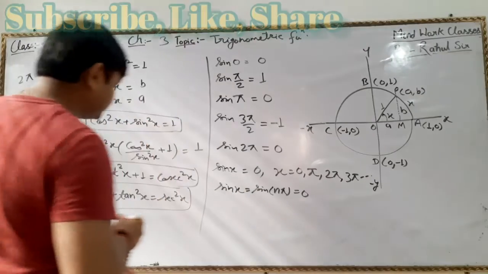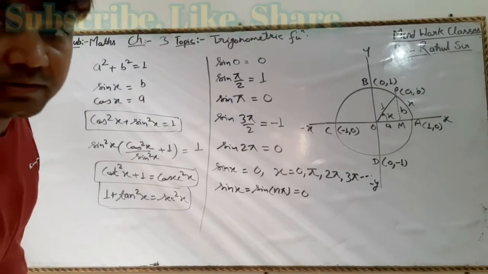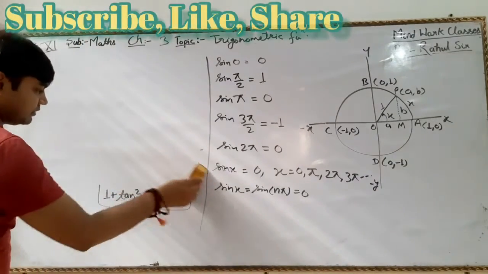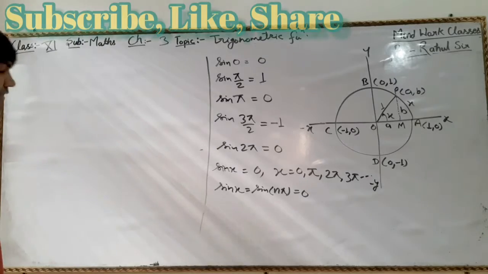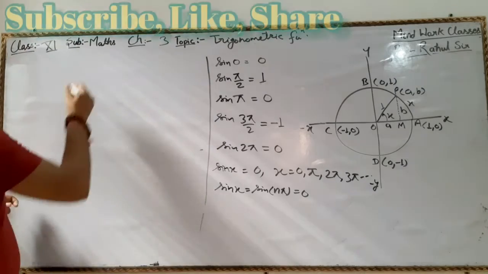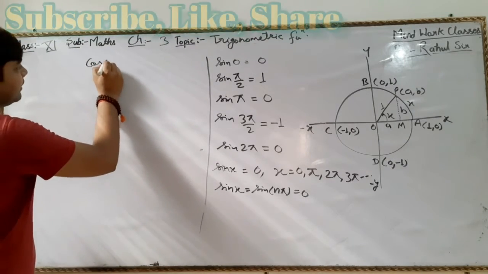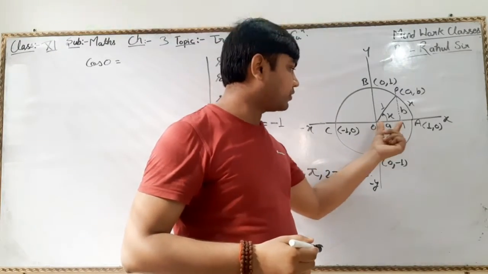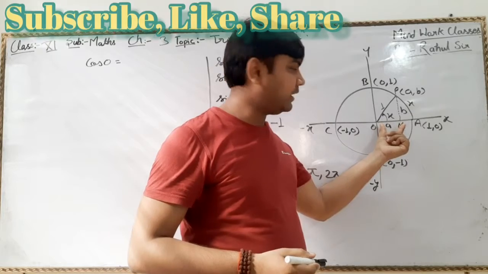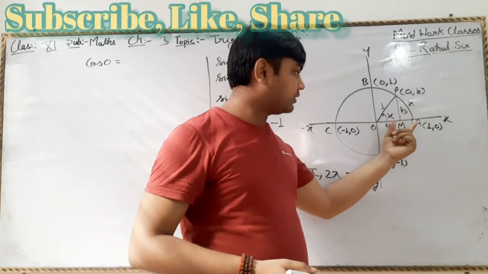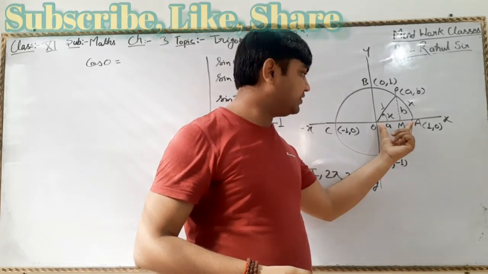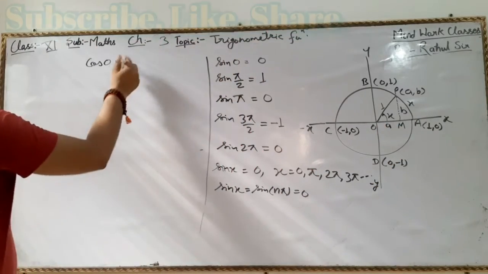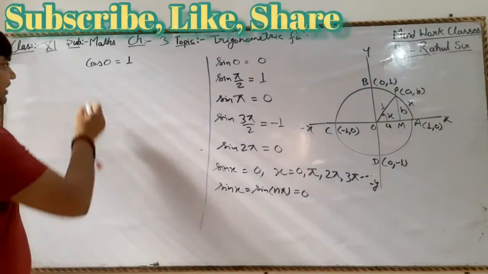Similarly, if we talk about cos x, let's see what happens with cos x. Now cos 0, for cos, OM is the length, that is A. For cos 0, this length will be equal to radius, so cos 0 will be equal to 1.